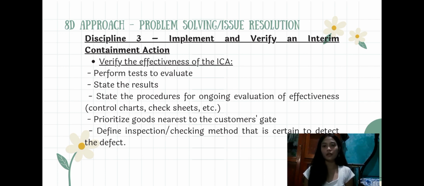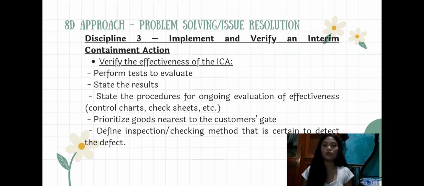Verify the effectiveness of ICA. Perform tests to evaluate, conduct inspections, functional tests, or audits to confirm that the containment effectively isolates or eliminates defects. State the results. Document test findings clearly, include before and after data showing improvement.